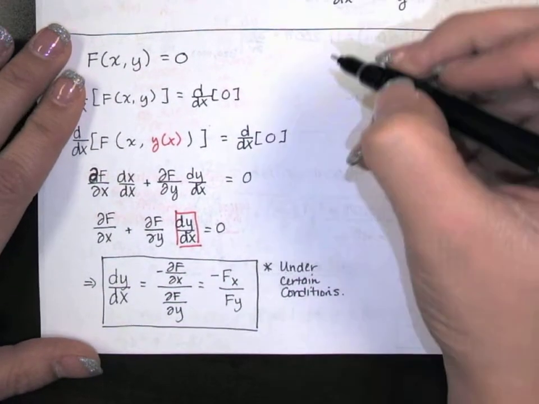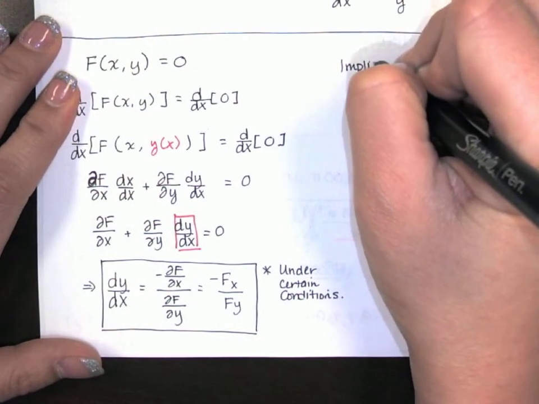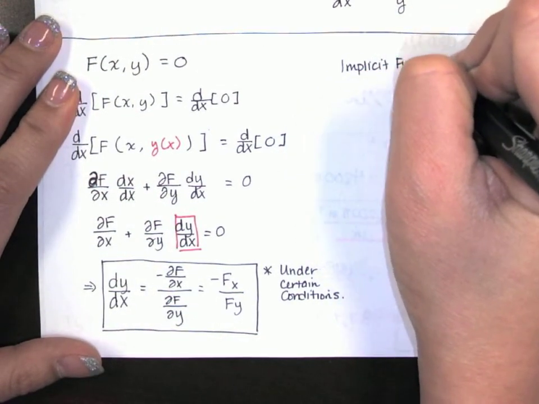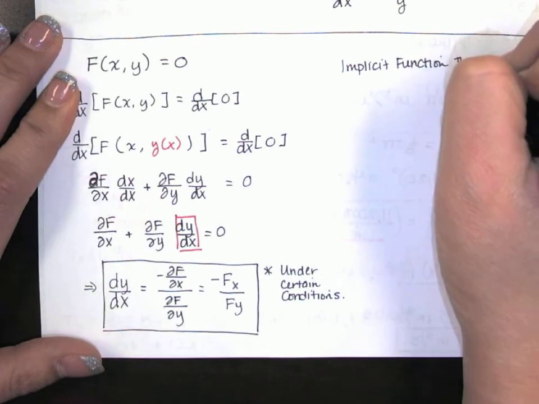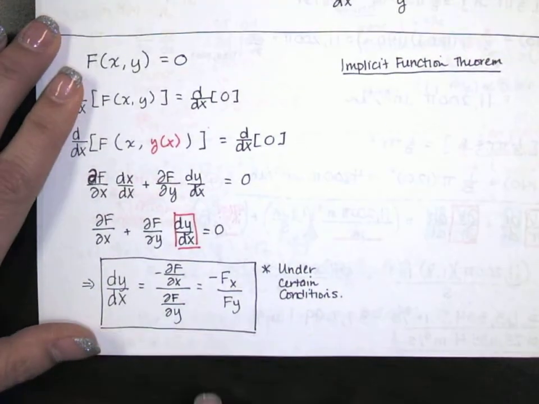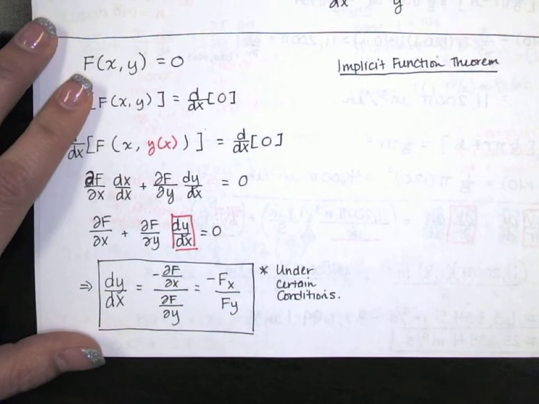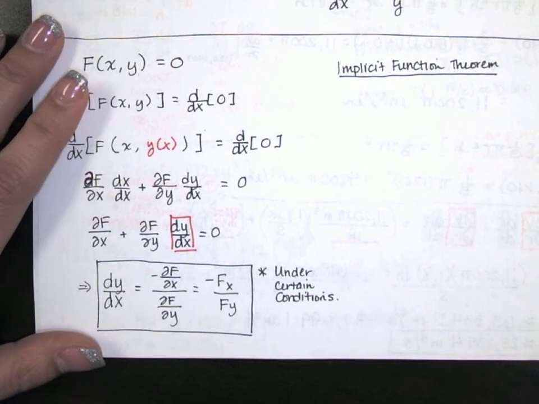There's a theorem in advanced calculus called the implicit function theorem. It just gives you the conditions when this is true. Basically saying, okay, when can we assume that y is the function of x and then take its derivative? Well, a couple of things have to be true.